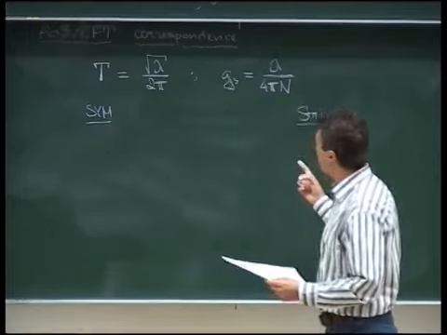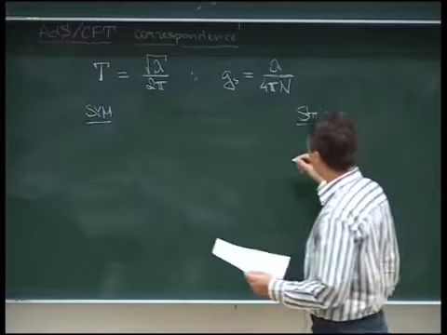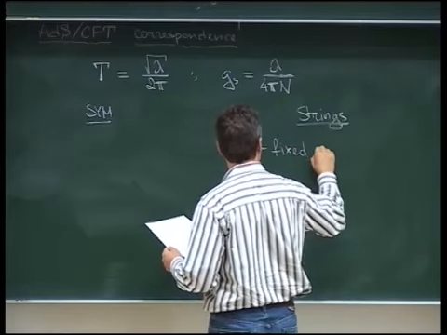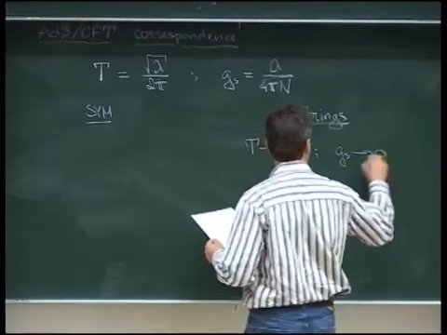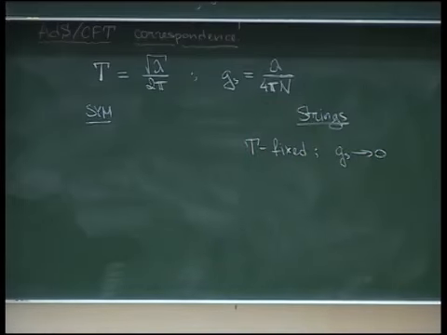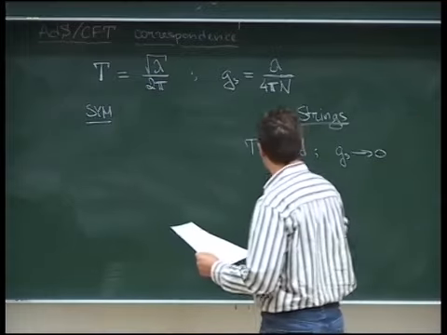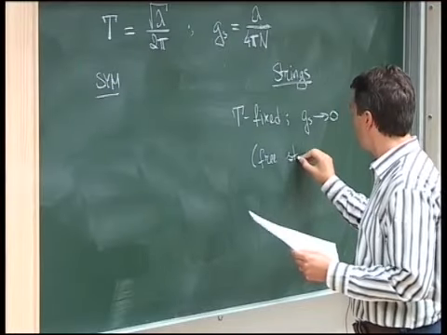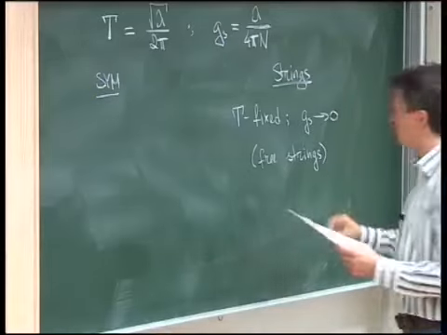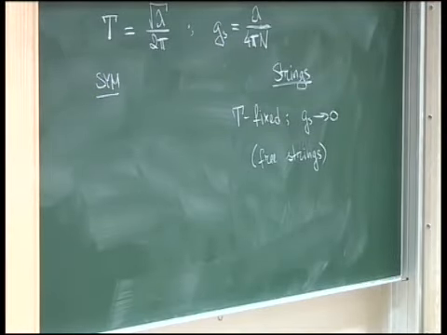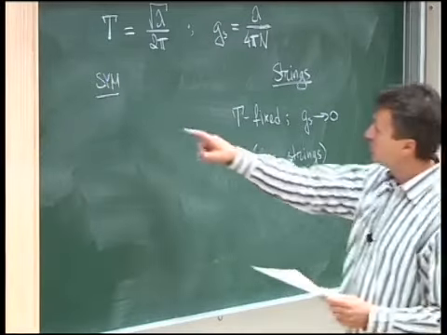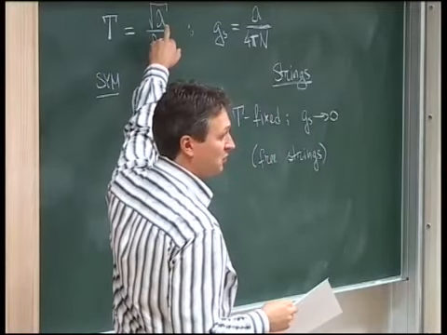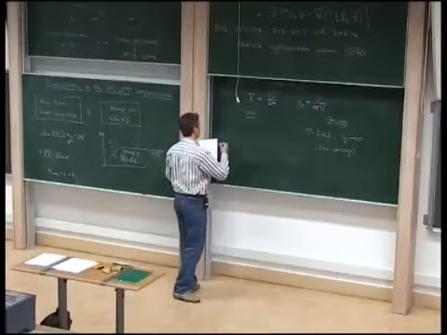So one obvious limit on the string side is to send g_s to 0 while keeping tension fixed. So this corresponds to considering free strings. Let's see what it corresponds to on the super Yang-Mills side. Well, the string tension depends on the 't Hooft coupling, so we should keep lambda fixed.